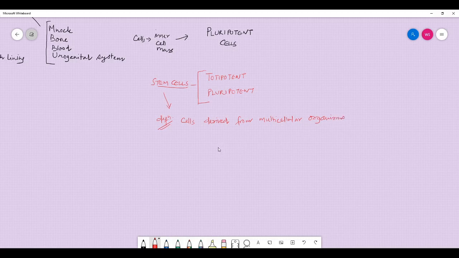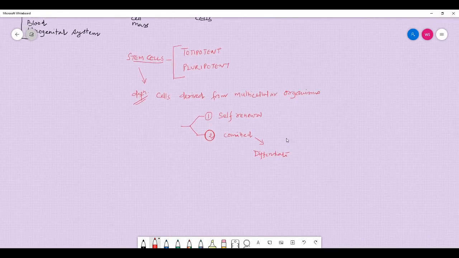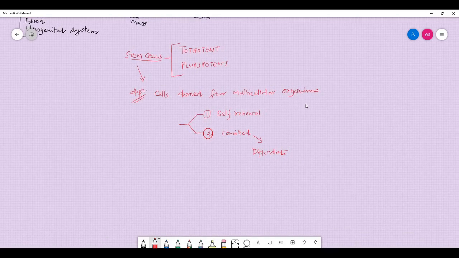and they have two important properties. One is self-renewal, and secondly, they can get committed and then they can differentiate. What is self-renewal?